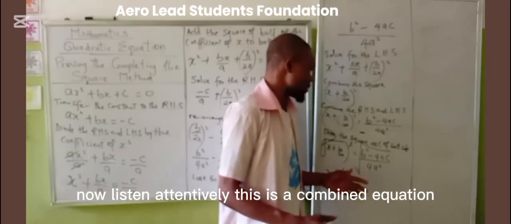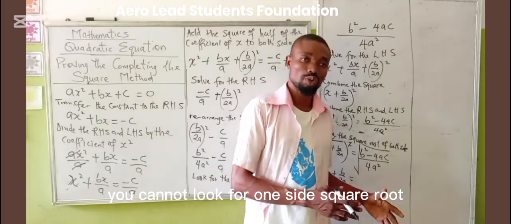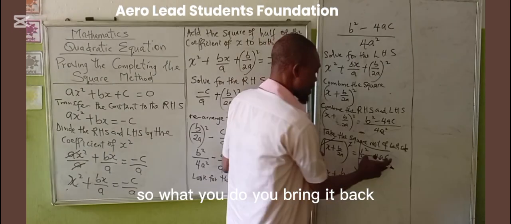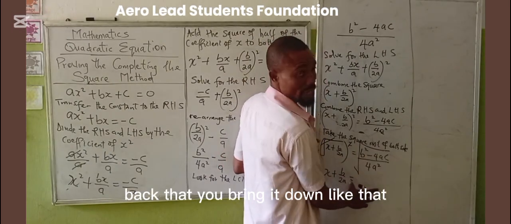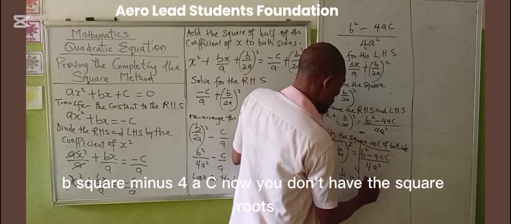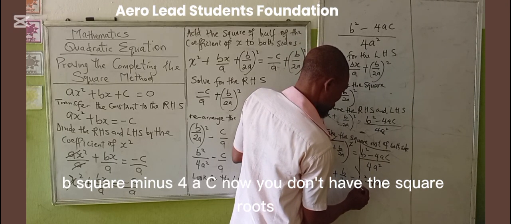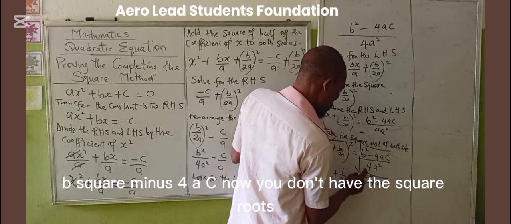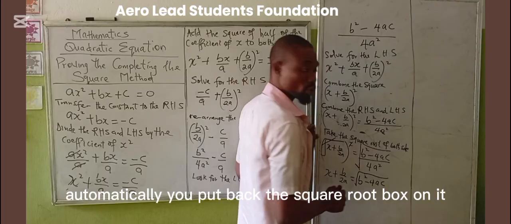Now listen attentively. This is a combined equation. You cannot look for one-sided square root. So what you do, you bring it back. You bring it down like that: b squared minus 4ac. Now, in order to have the square roots, automatically you put back the square root box on it.